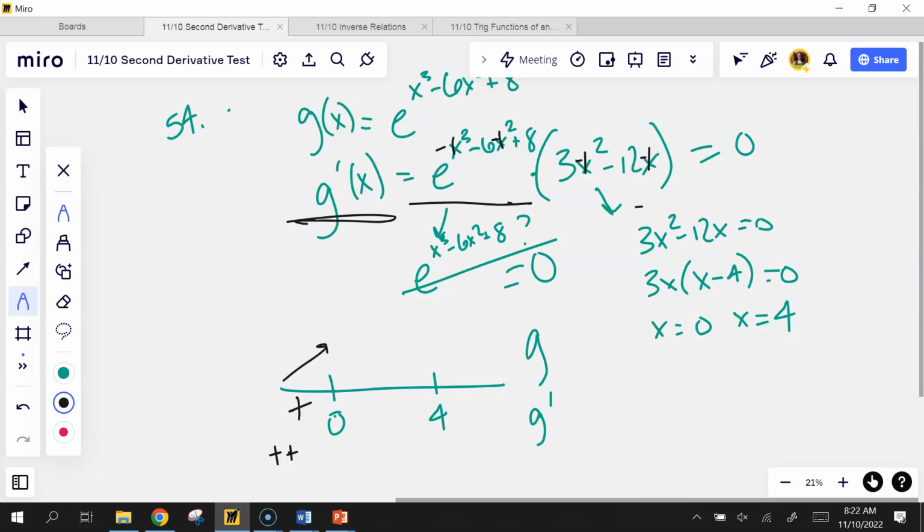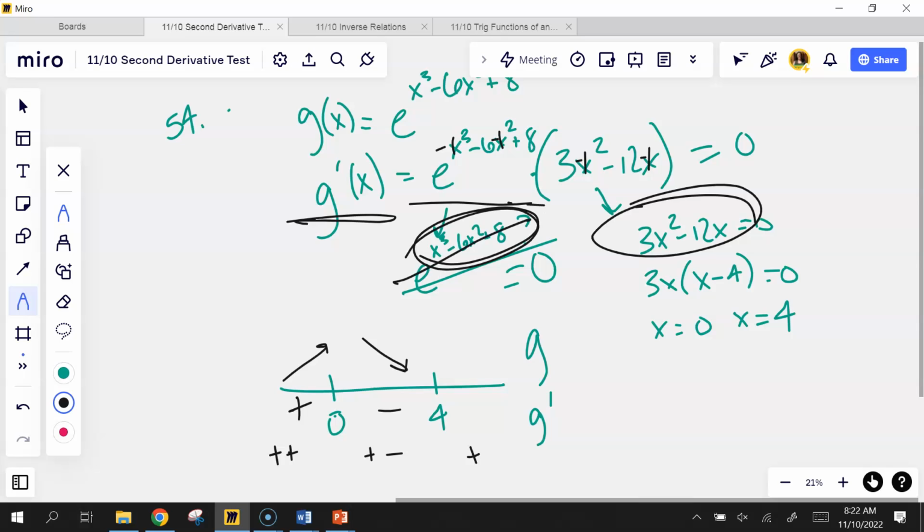That's what it does. All right, so then between 0 and 4, maybe I plug in a +1. Remember that first one's going to be positive. If I plug +1 in here, I get 3 minus 12, which is negative. A positive times a negative is negative. And then bigger than 4, first one's still positive because there's nothing I can plug in here to make that negative.